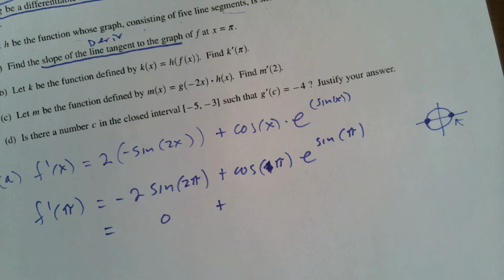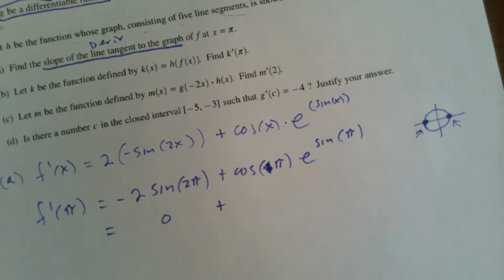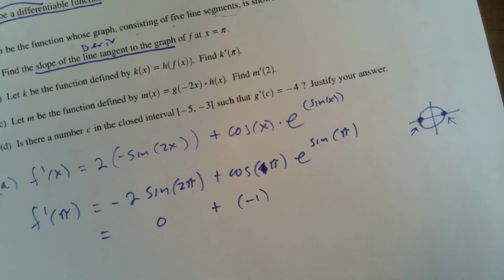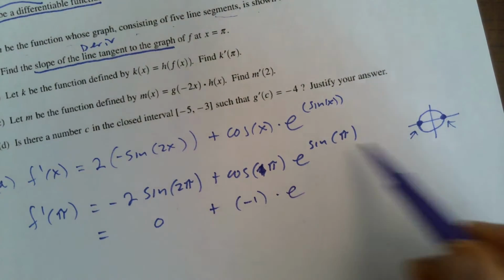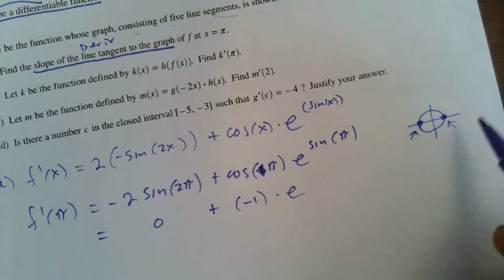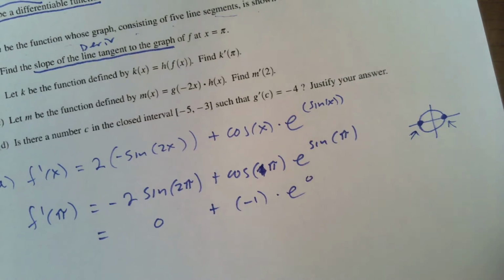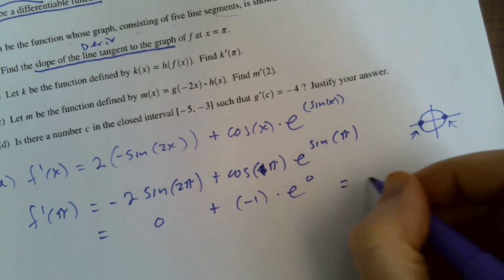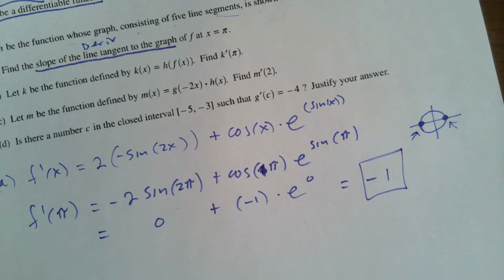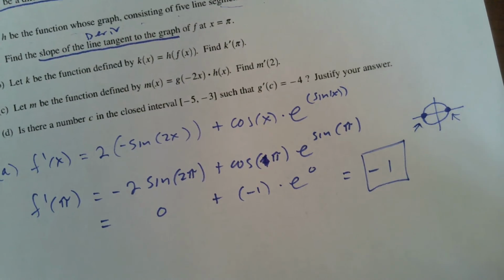All right, so cosine of pi, pi is there. Cosine is the x value, so that's negative 1 times e to the sine of pi. All right, so pi brings us to that point, and the y coordinate is 0. All right, so this just ends up being negative 1, because e to the 0 is positive 1. So that is part A.